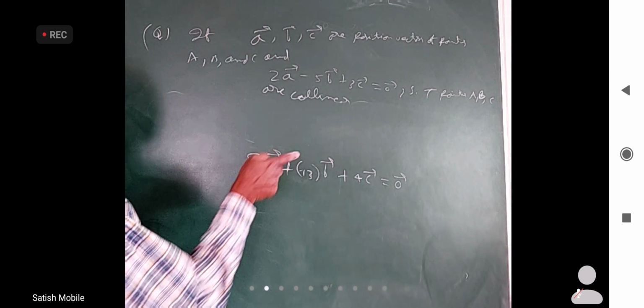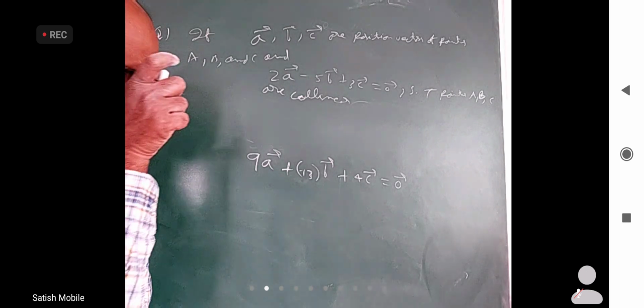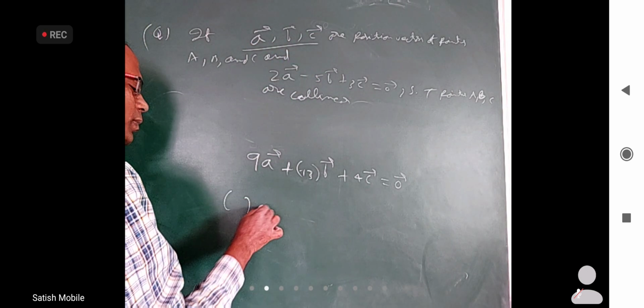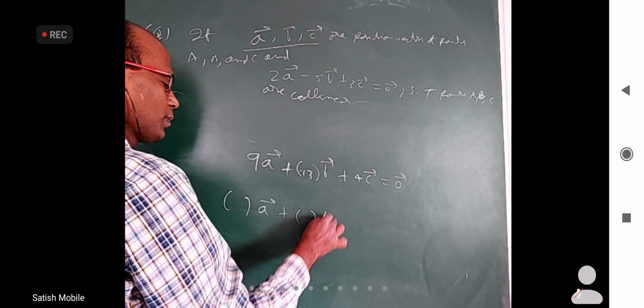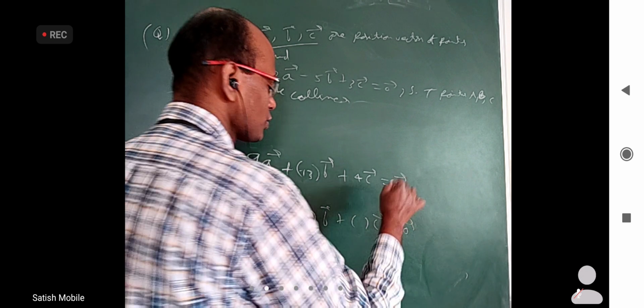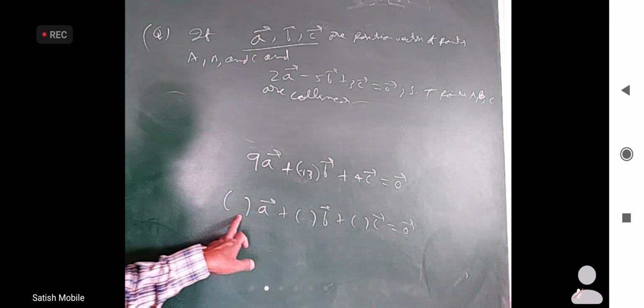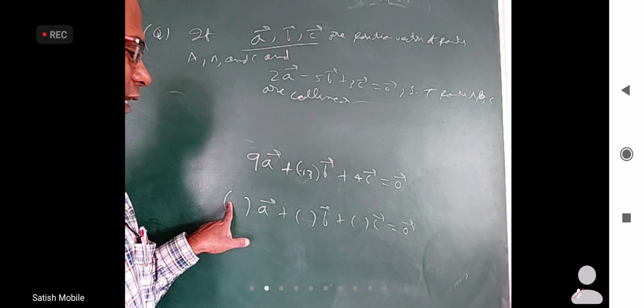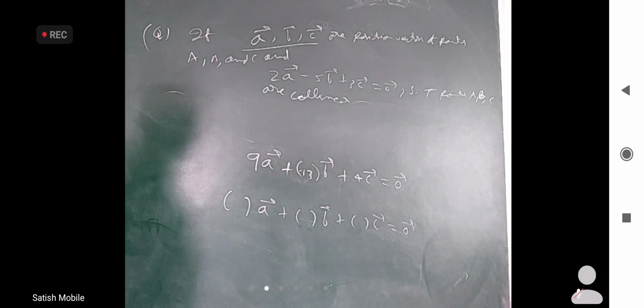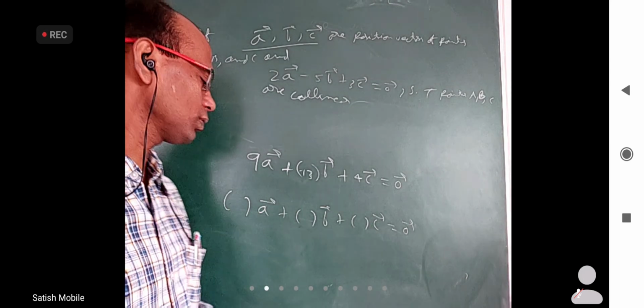Whenever 3 points, remember they are not vectors, position vectors of the point, are collinear, some number into A bar, some number into B bar, some number into C bar equal to 0 bar I can write. You can write any numbers here, but their sum must be 0. Why their sum must be 0?